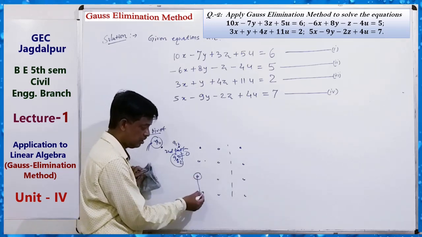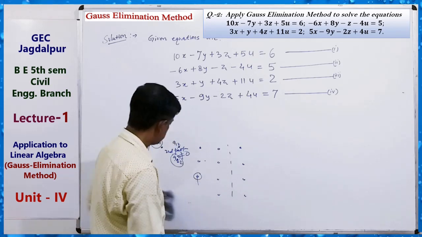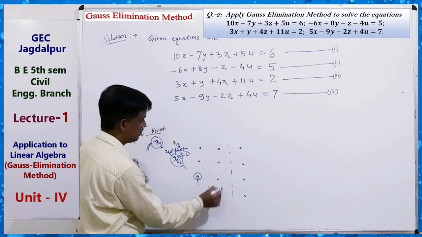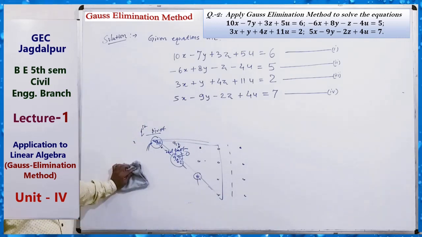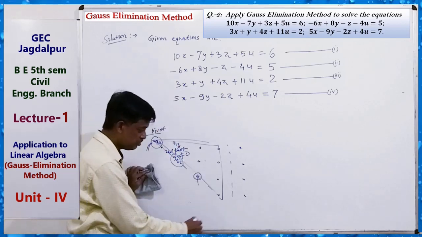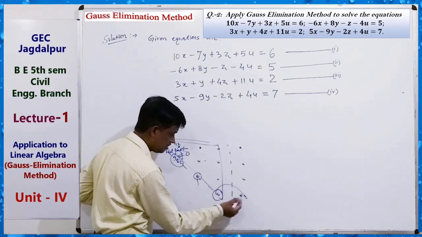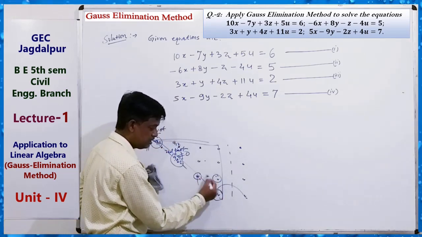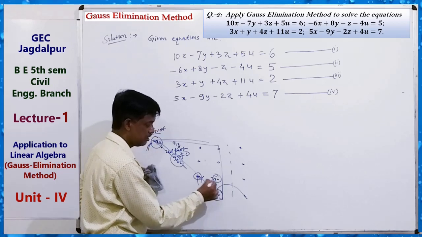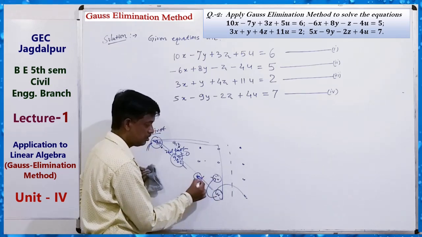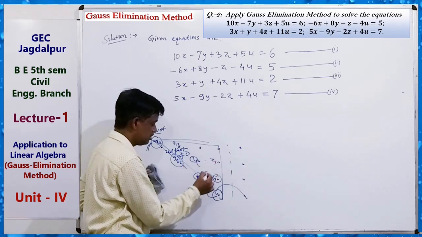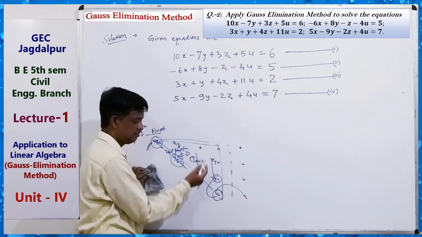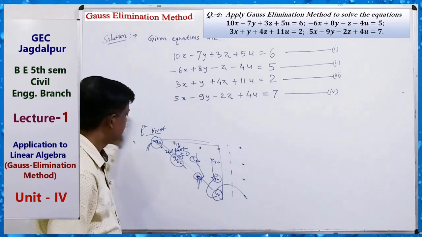By using this, you can eliminate this. So this is an upper triangular matrix. Now back substitution you can do. This is for Z. This is for Y and Z. So put the value of Z here, then you can get the value of Y. Now put the value of Y and Z here, you can find the value.